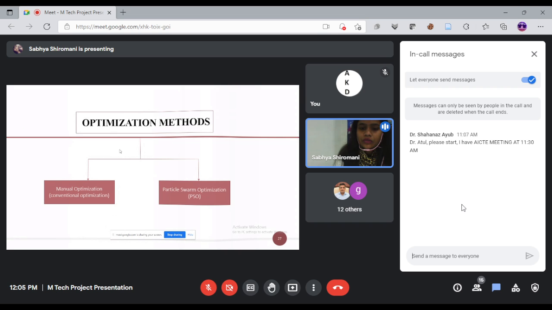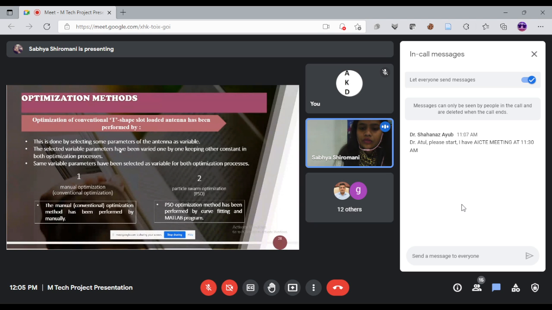For this, I have selected 4 parameters of the dimension of the T slot, which are L1, W1, L2 and W2. What are L1 and W1? L1 is the width of the vertical arm of the T slot.